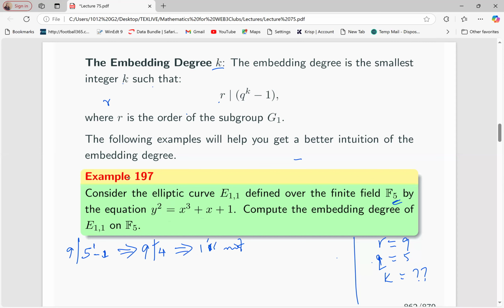Let's try 2. Can 9 divide 25 minus 1, which is 24? That is not possible, so 2 is not the embedding degree either. K will be the smallest number that allows R to divide whatever is on the right side. 1 has failed, 2 has failed. Let's try 3.